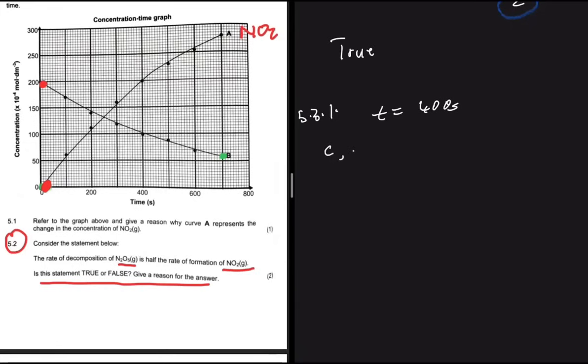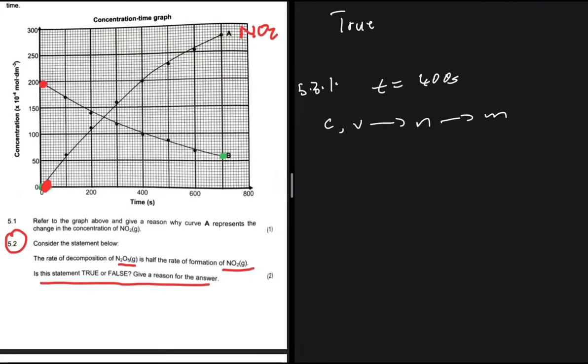And I'm given the volume in the question. So with these two variables, I can find the number of moles, right? Concentration is equal to number of moles divided by volume. And then from the number of moles, I can ultimately calculate the mass. Only when I'm 100% sure of all the steps that I'm going to take will I start solving the problem. So let's go ahead and do that.